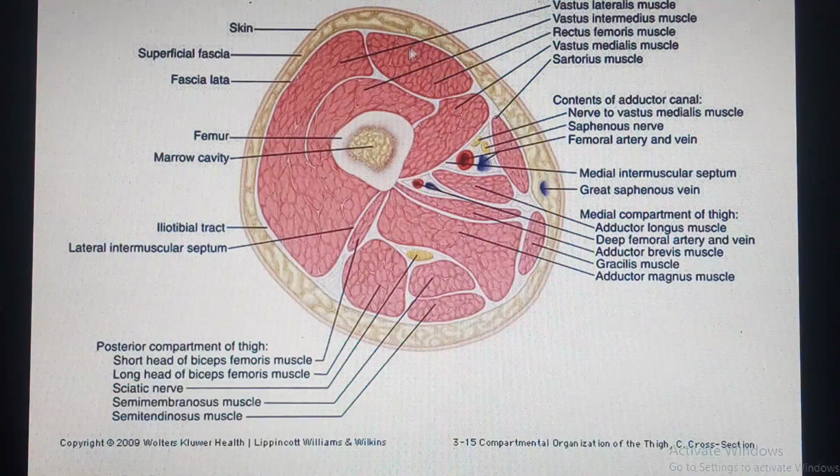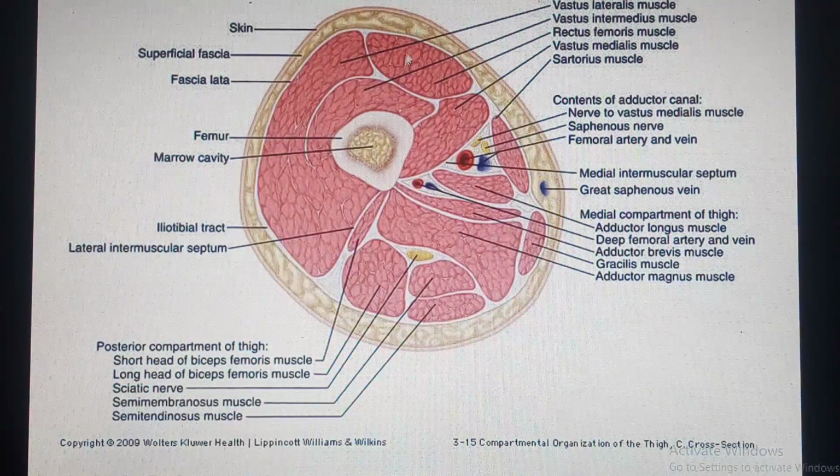Now remember that I told you this rectus femoris muscle is superficial. Deep to the rectus femoris muscle, we get the vastus intermedius muscle.